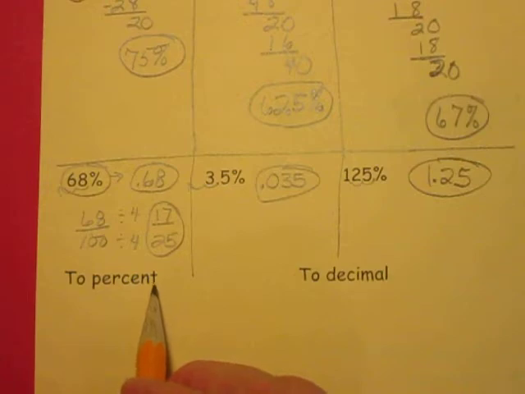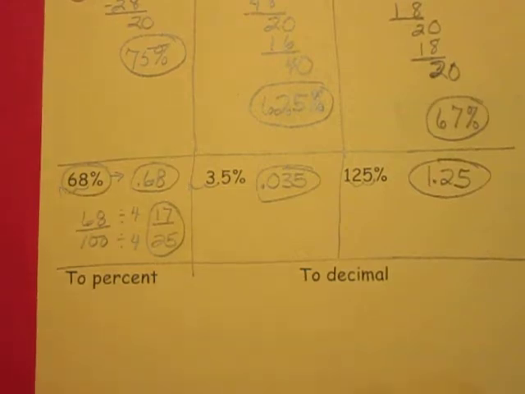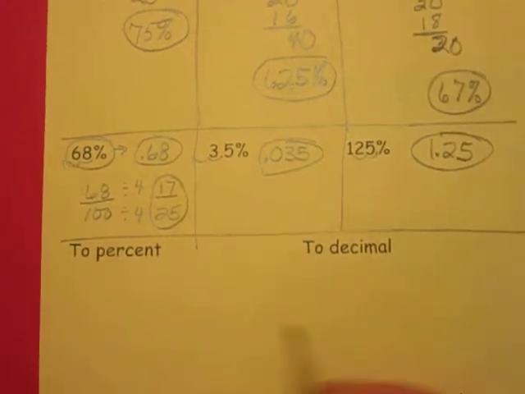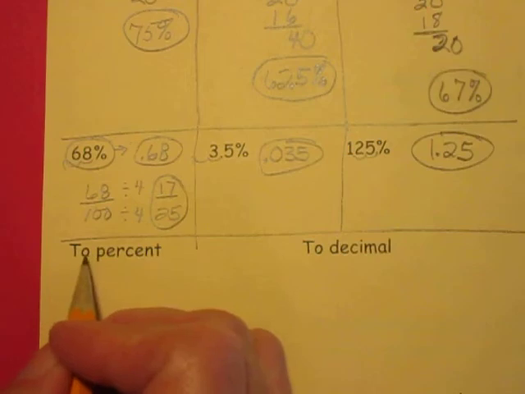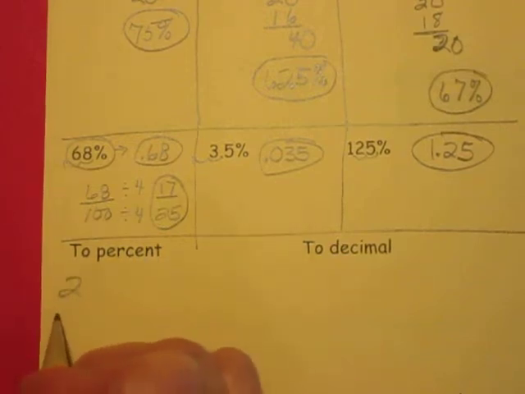But in a nutshell, knowing which way to move your decimal. This is just something that I've shared with students, and they've told me that they rely on it all the time. You know that it's all in what you're moving to. You know that there's going to be a play on words, that you're moving to a percent. You know that you're going to have to move 2 places. Everybody's got that down.